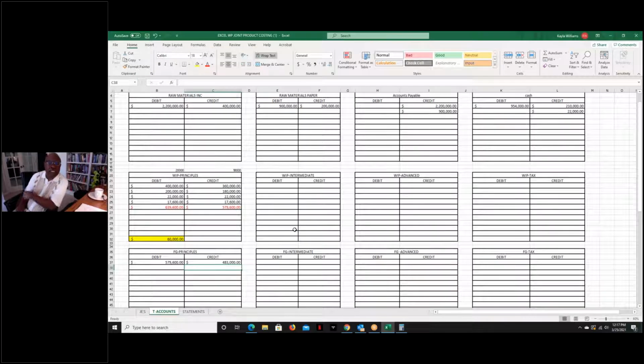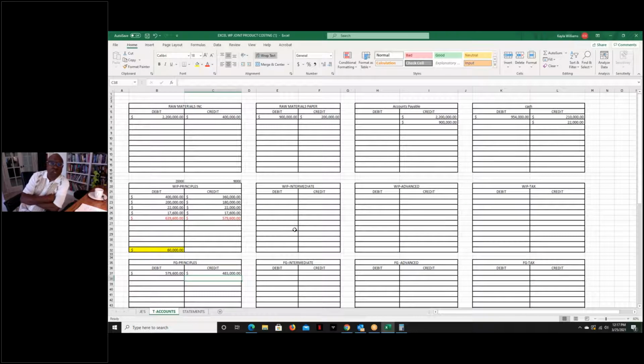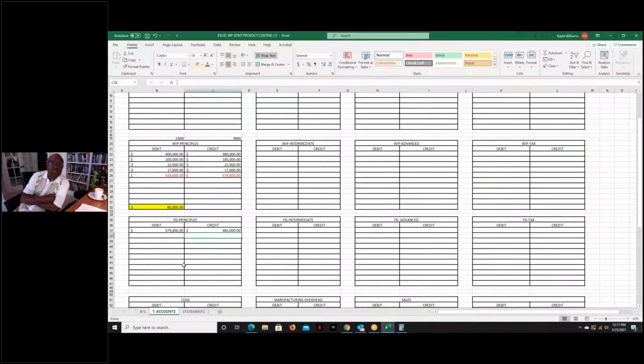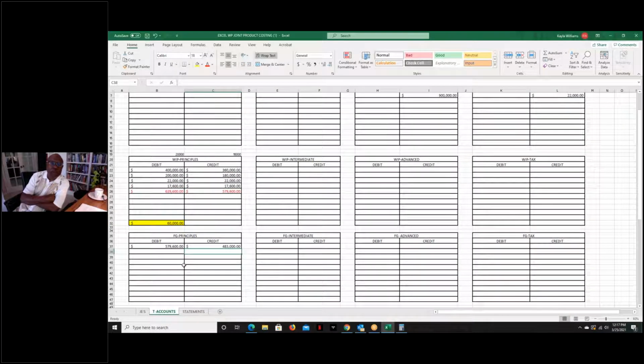Now for the finished goods account, in the line above finished goods, put it in quantity. Wasn't that 18,000? We finished 18, but we only sold 15.